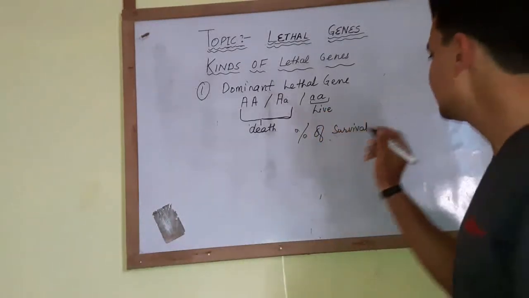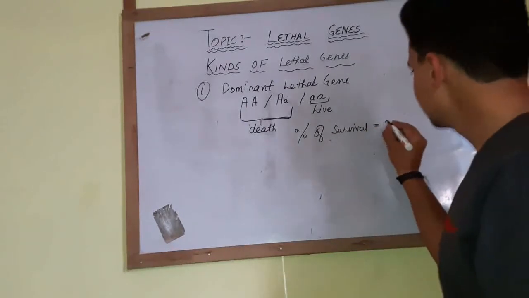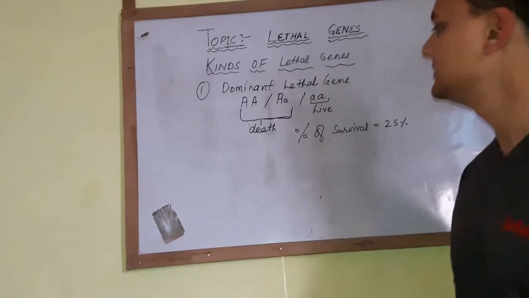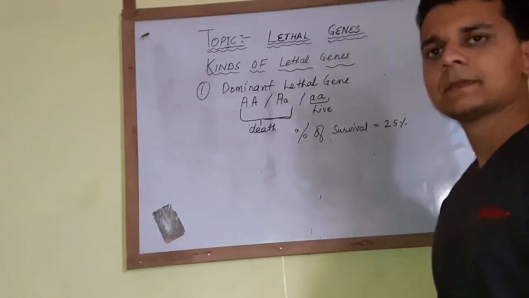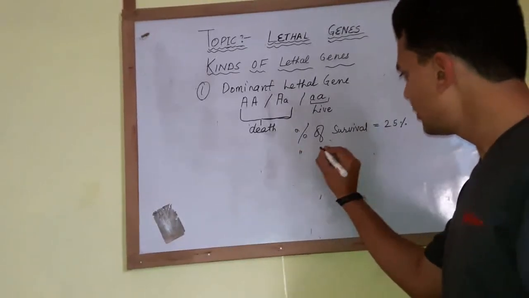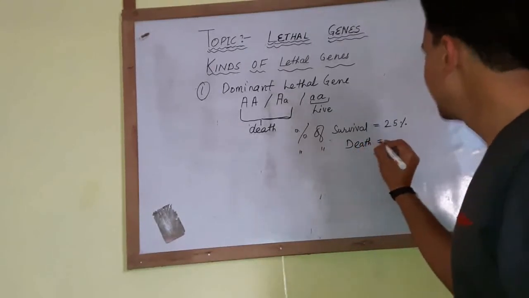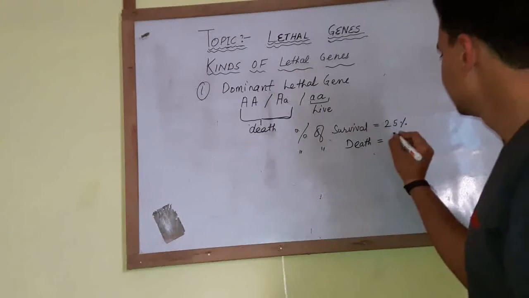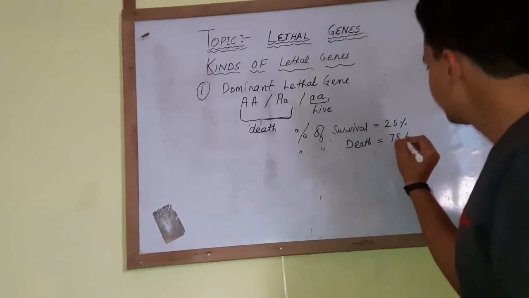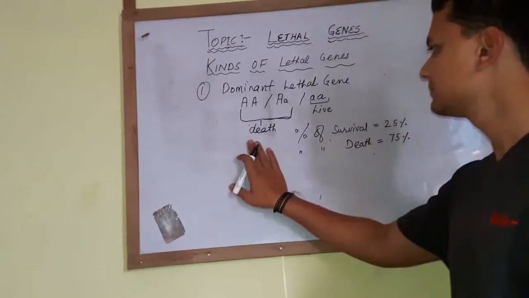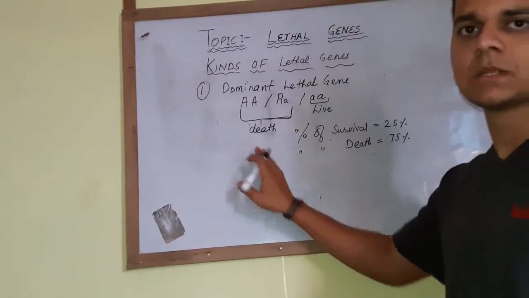the percentage of survival is very low in this case, only 25% of the offspring will survive, and the percentage of death is very high, 75% of the offspring will die in this case, right?